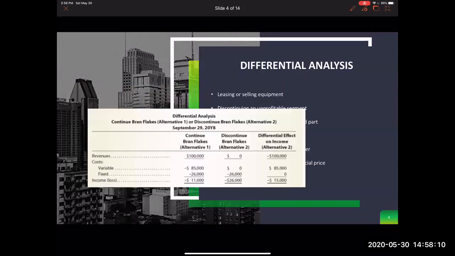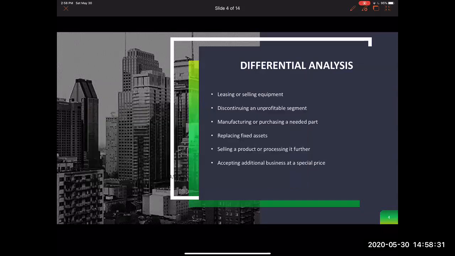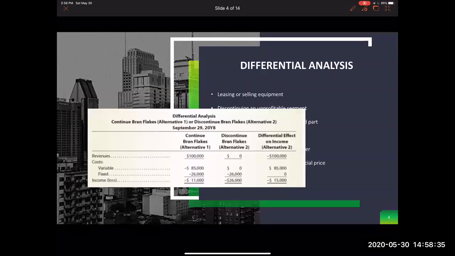All right, so in looking at this, here is our example. Alternative number one is to continue the bran flakes product line. If we decide to continue this product line, all of this information is just transmitted from the prior screen. So here's our revenue of $100,000. We have our variable and fixed costs.